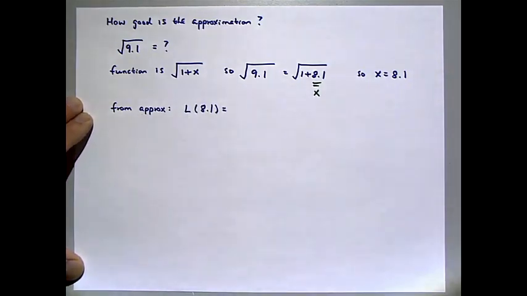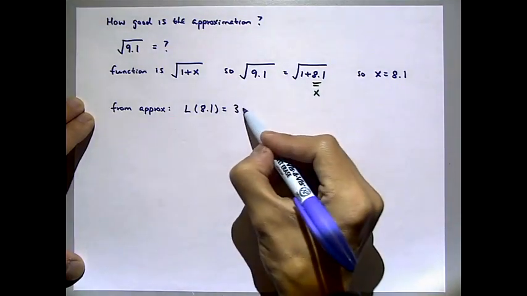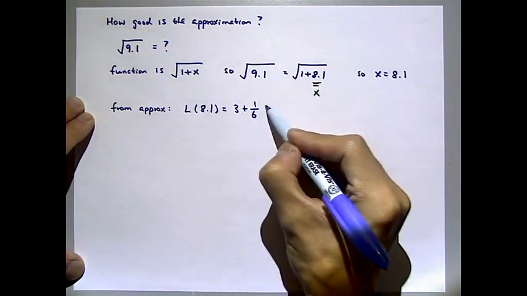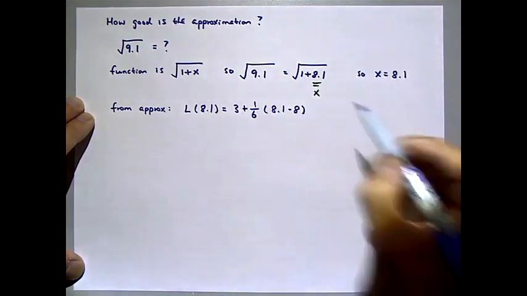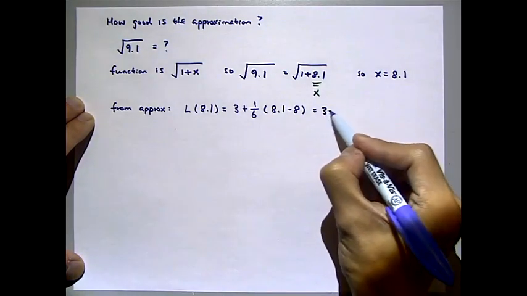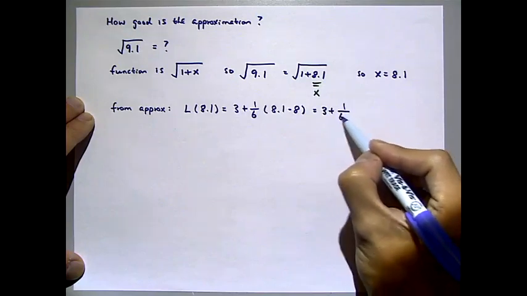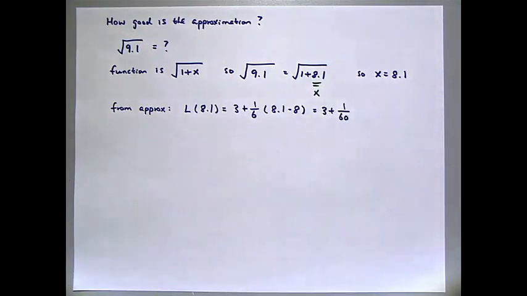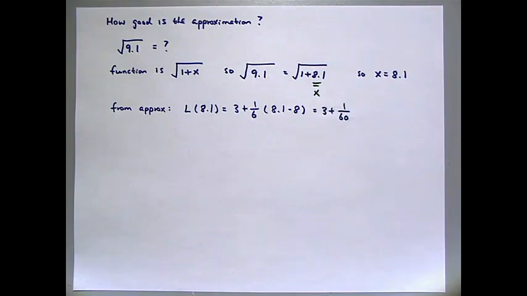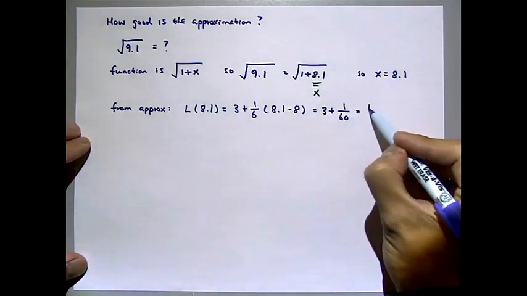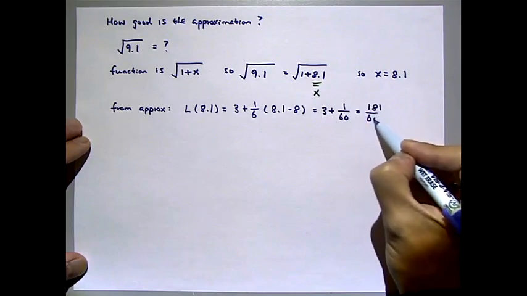So we're going to use that L equation there. 3 plus 1 over 6 times 8.1 minus 8. 8.1 minus 8 is 0.1. That's 1 over 10. So that's 3 plus 1 over 60, which is 181 over 60.